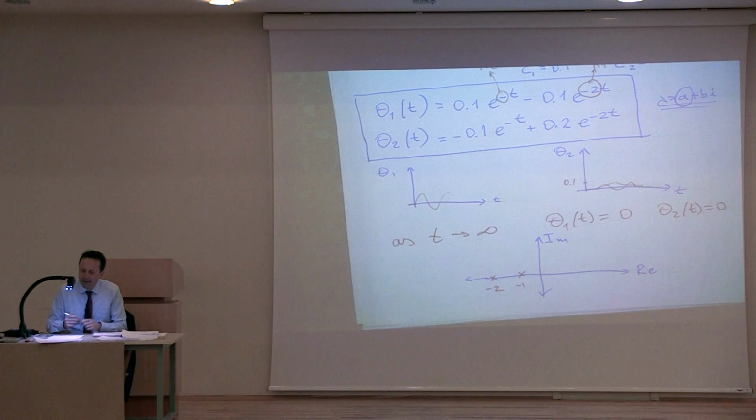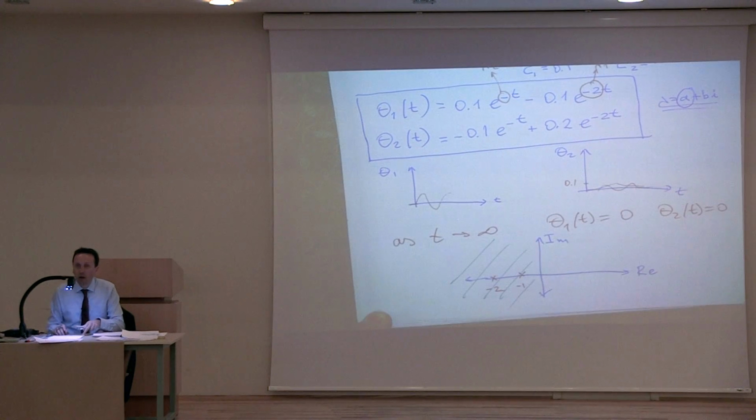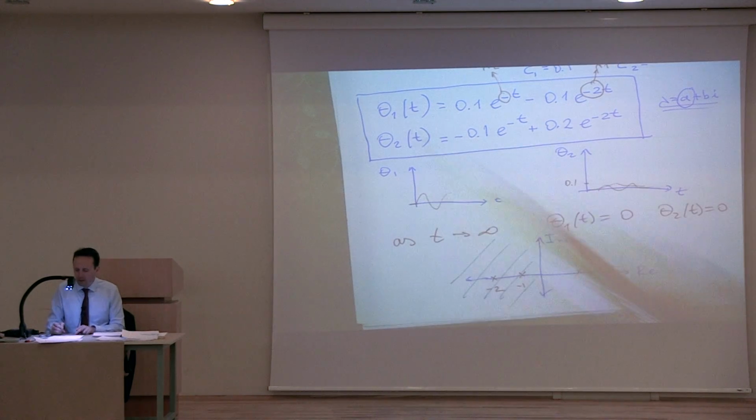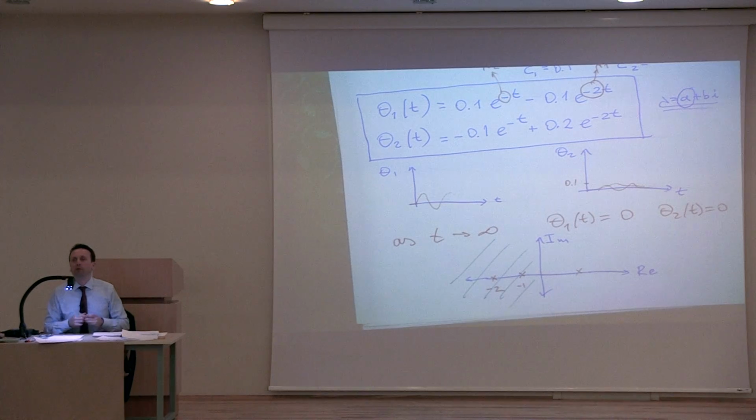As long as the eigenvalues are on this side of the complex plane, my linear system will always converge to 0. Basically the equilibrium point of the linear system. Even if one of them is on this side, it will dominate everything else and the whole system will go to infinity. The linear system. Therefore, I need all of the eigenvalues on this side.